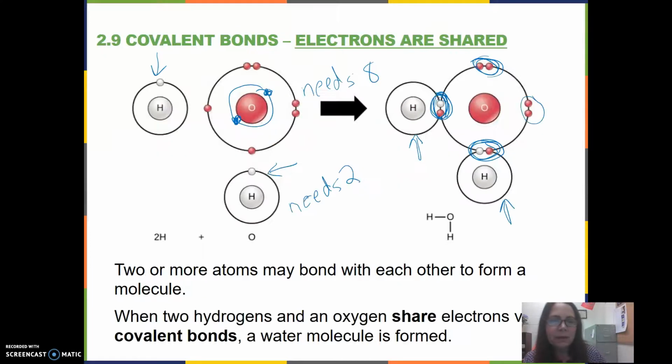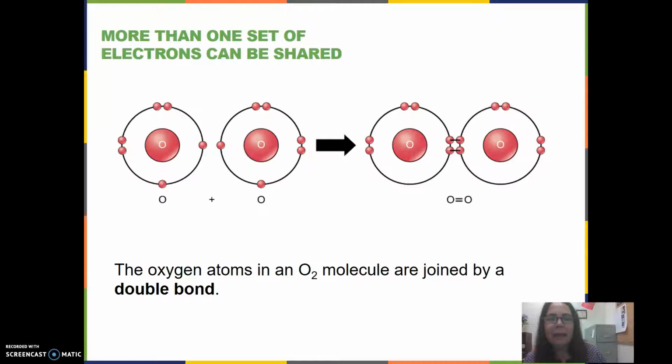Now, what you saw here was single covalent bonds. If you look here, this single line represents one pair of electrons. One electron from hydrogen, one electron from oxygen. And here, what you're seeing is 2 oxygen atoms combining to form oxygen gas, which is a molecule called O2.